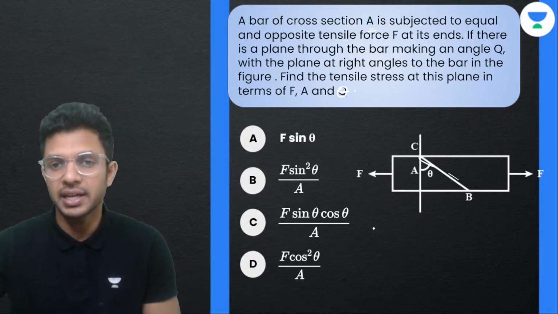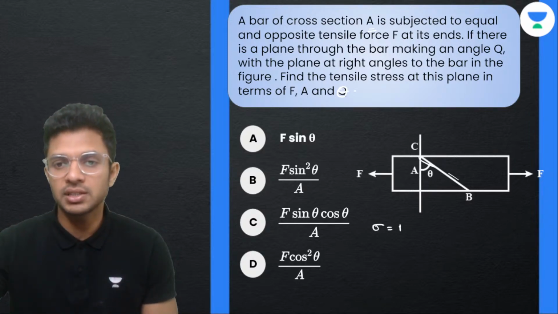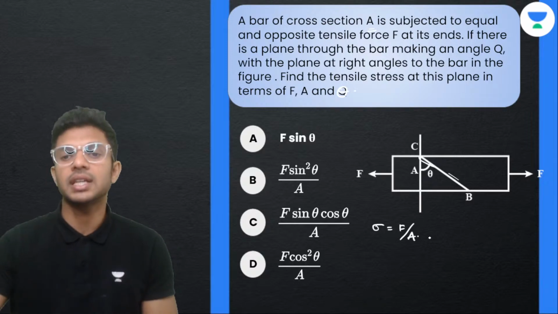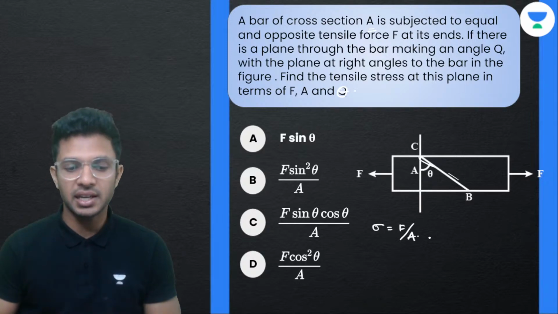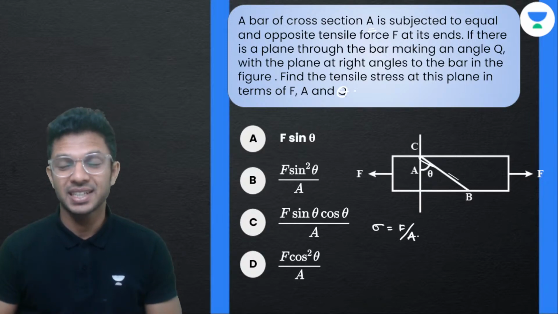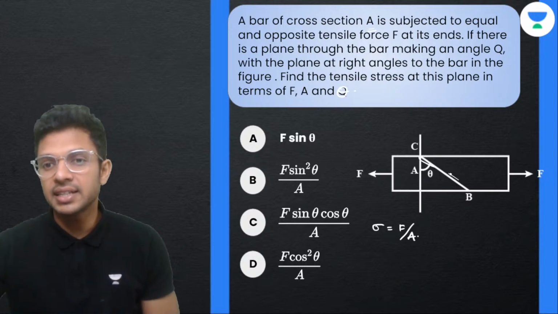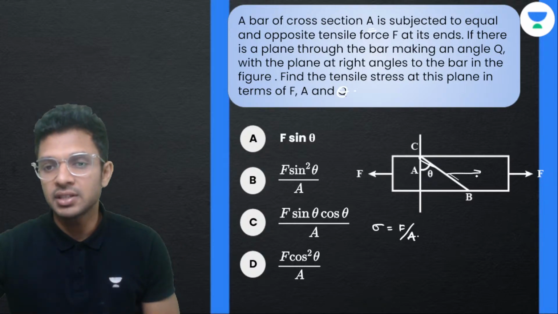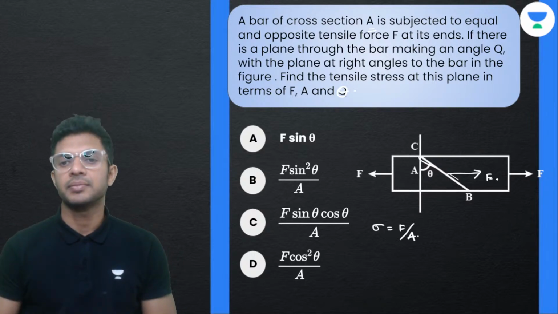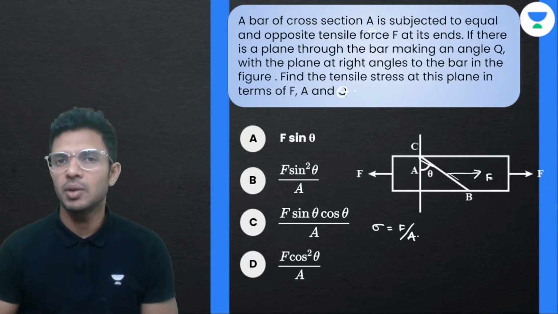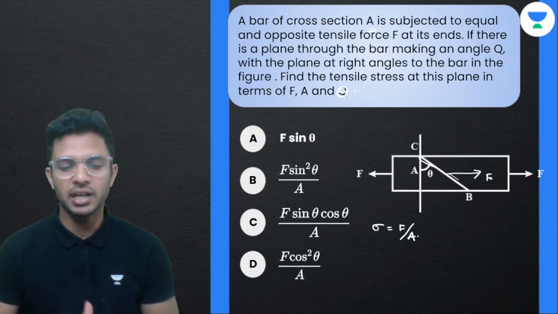What is the formula for stress? The basic formula for stress is the perpendicular force acting divided by the area. Yes. Now here you can see that the external force F is in the horizontal direction. But in the calculation of stress, we will take the force which is perpendicular to the area.